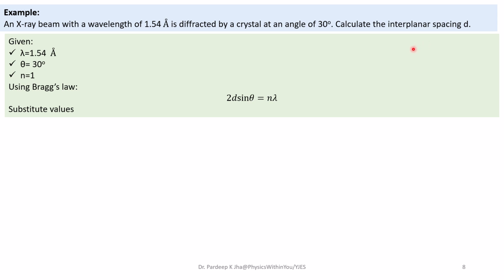I don't think this is difficult because lambda is given, theta is given, and you will use one formula: 2d sin theta equals n lambda. Just replace the values. 2 is 2, no problem. d is to be estimated. Sin 30 means half, right? n is 1, lambda is given, so no problem.